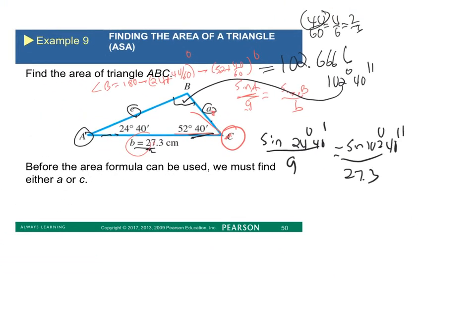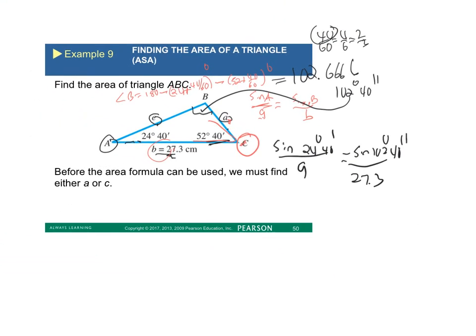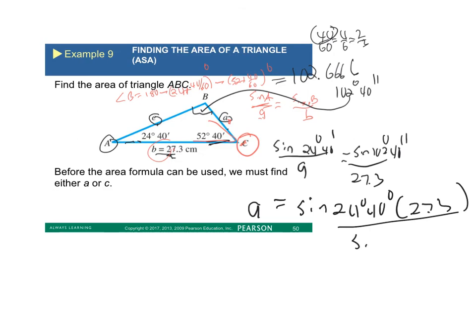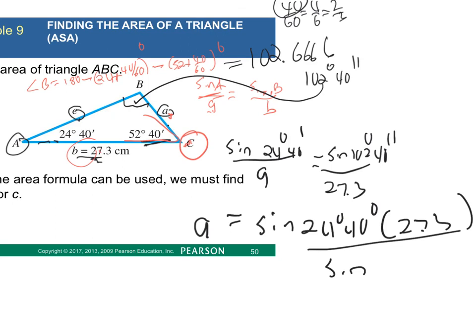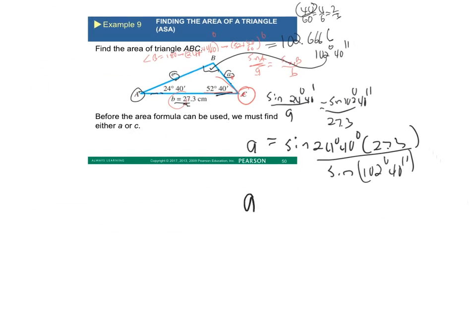So if I solve by crisscross multiplying, A will be equal to sine of 24 degrees 40 minutes, times 27.3, divided by sine of 102 degrees and 40 minutes. You know how to key that in the calculator.